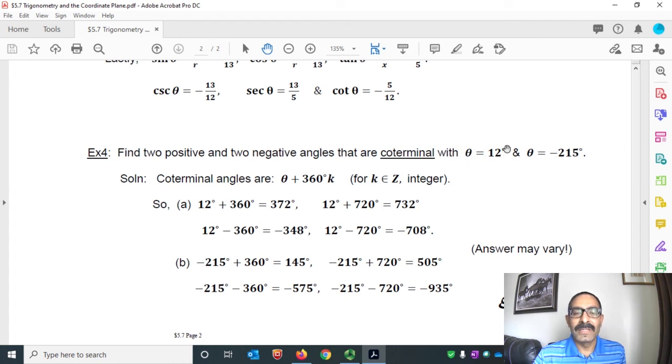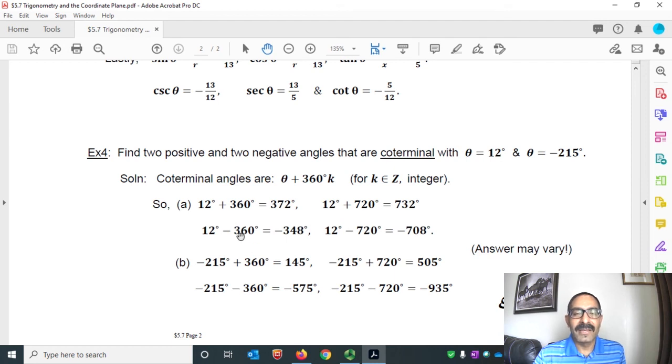For theta equals 12 degrees, the coterminal angles are 12 degrees plus 360 degrees. I took k equals 1 here, which turns out to be 372 degrees. Or I can take k equals 2, which gives me 12 degrees plus 720 degrees equals 732 degrees. So these are coterminal angles with 12 degrees.